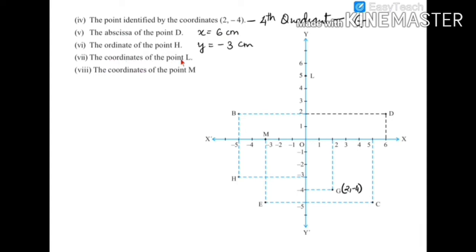The coordinates of point L. Point L is on the y-axis. So its perpendicular distance from the y-axis is 0. So the x coordinate is going to be 0, and point L is 5 units from the x-axis. So its y coordinate will be 5.